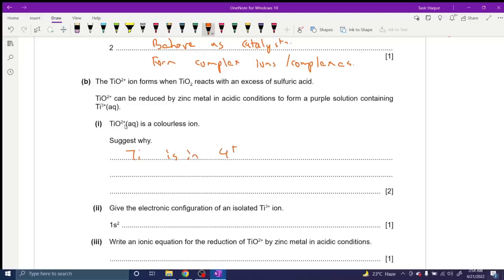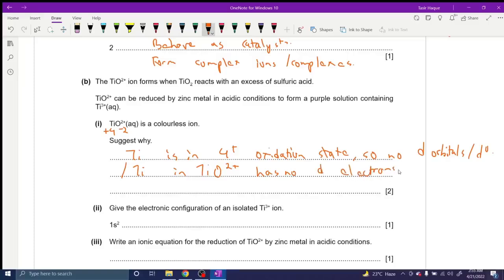See this oxidation number? Oxygen is -2, titanium has to be +4. Ti is in the +4 oxidation state, so no d electrons, or you could say d0. Or you could just say that Ti in TiO2+ has no d electrons.